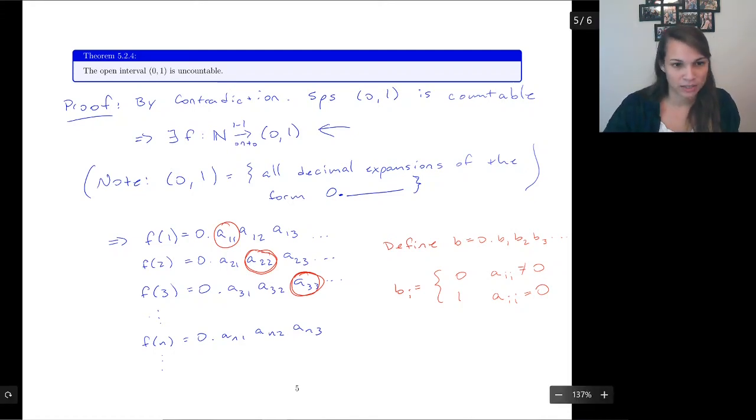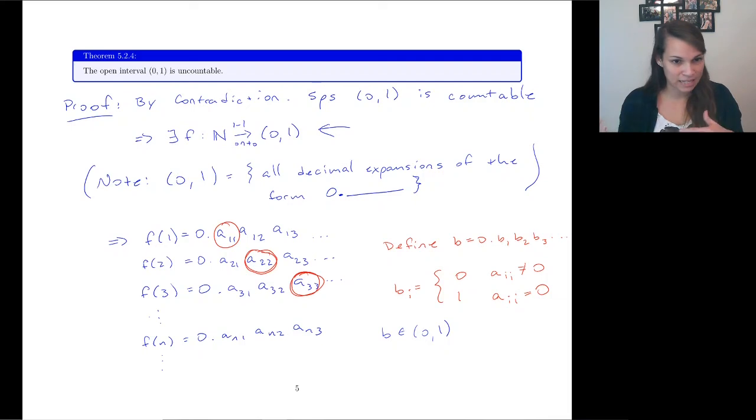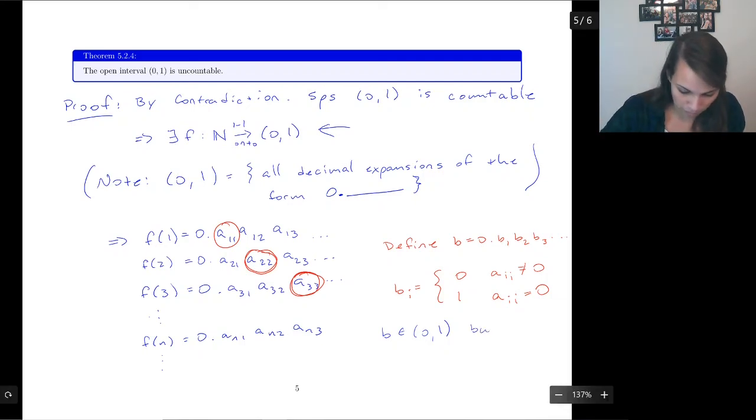So then the problem with this is b is an element of 0 to 1 because it fits this 0 decimal digits business. So it's in there, but f has not mapped to it because it's different than everything that's been mapped to.